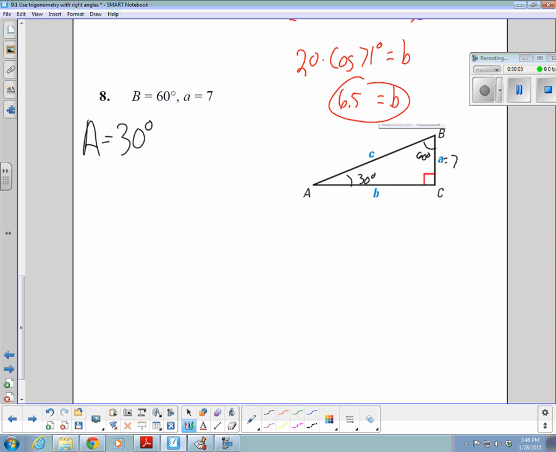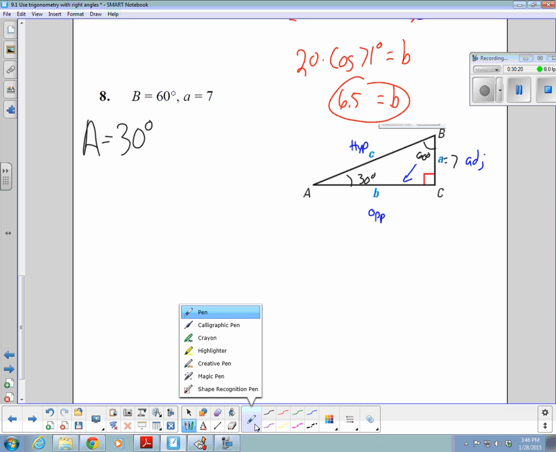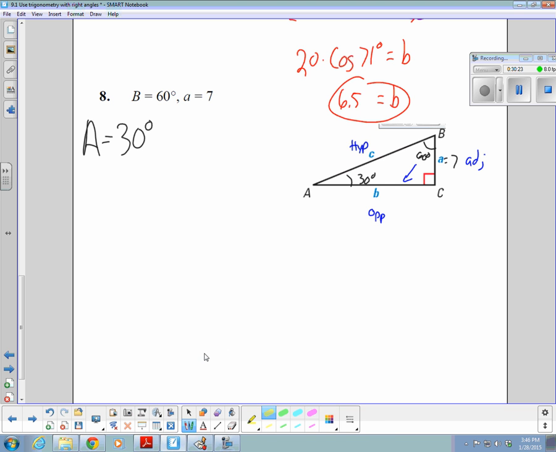All right, so now solving some things here. If I'm going to use the 60, the opposite is OPP, that's ADJ, this is HYP. If I'm thinking about which one I want to use, let's solve for B first. So we're looking for B. We have A, so we have the opposite and the adjacent. That's going to be the tangent function, because that's the TOA.